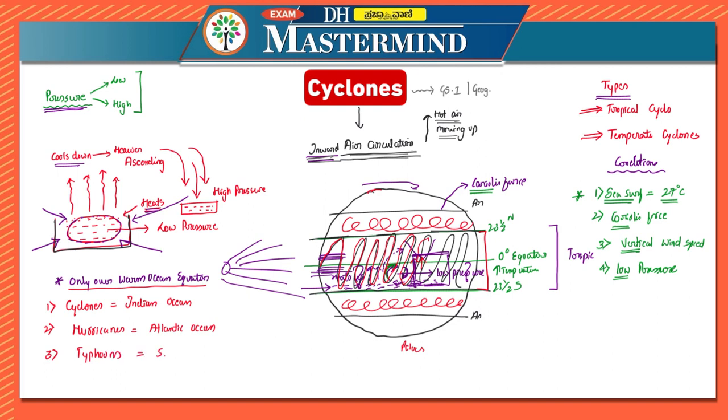Whereas if it is near Australia, they are called willy-willies in Western Australia. These types of questions are the ones which are most repeated.